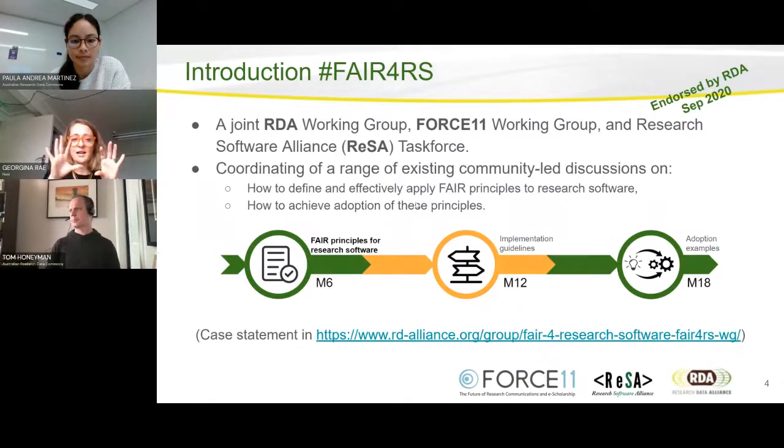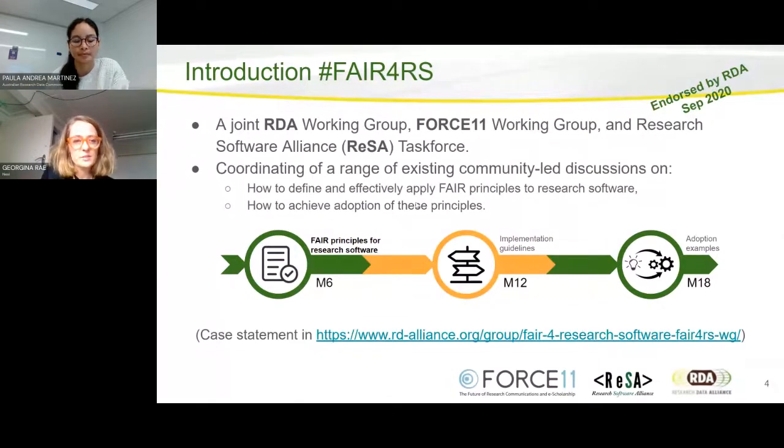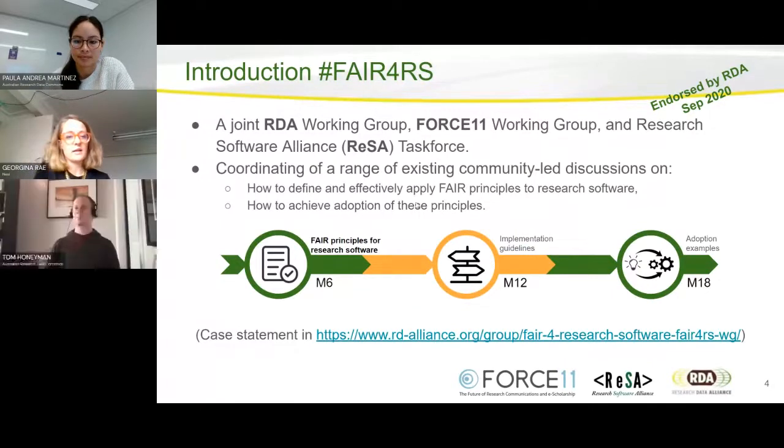So a Venn diagram would have all of those groups overlapping in terms of membership with slightly different goals out the end, but definitely an example of lots of collaboration. And as you can see in the flow diagram, a really careful step through of making sure that there's an agreement on what the FAIR for Research Software principles need to be in relation to research software, and then a really considered approach for how they get adopted.